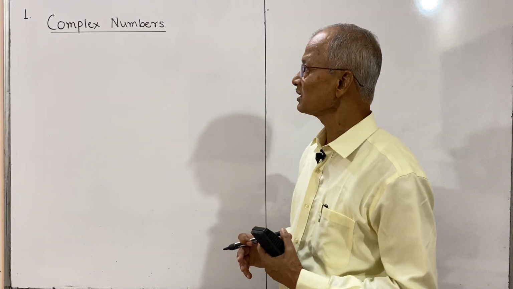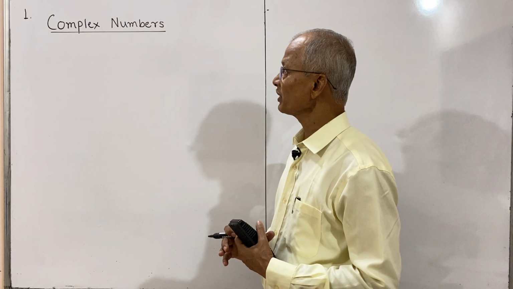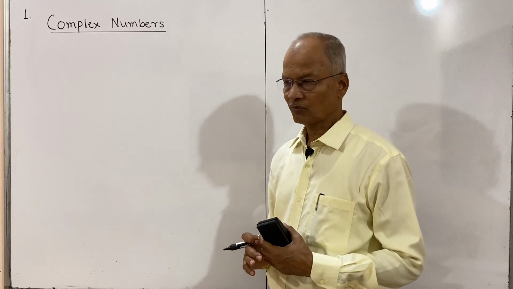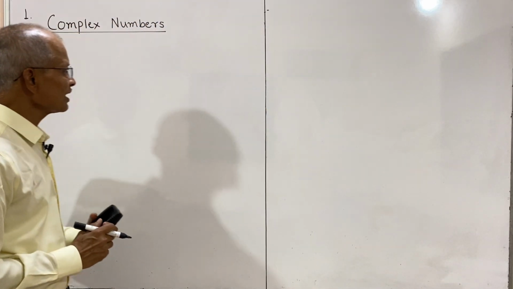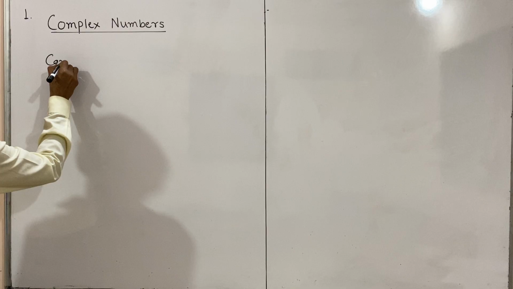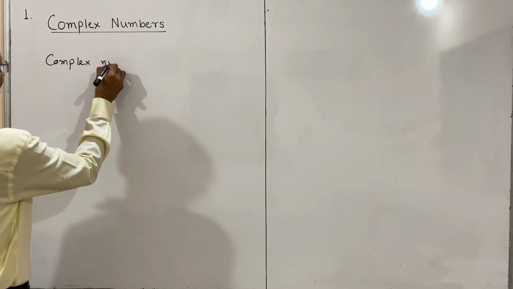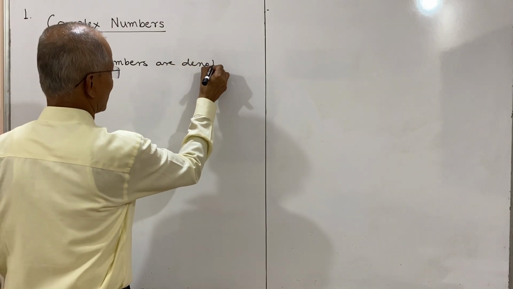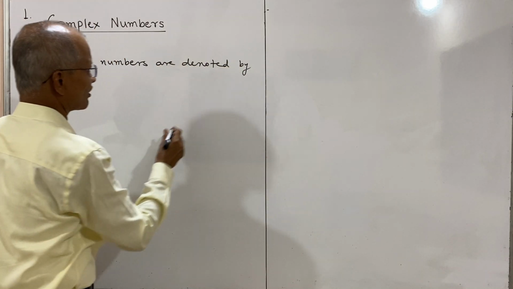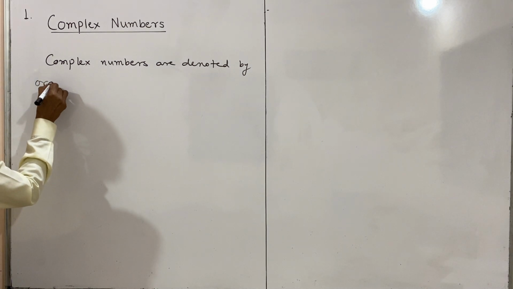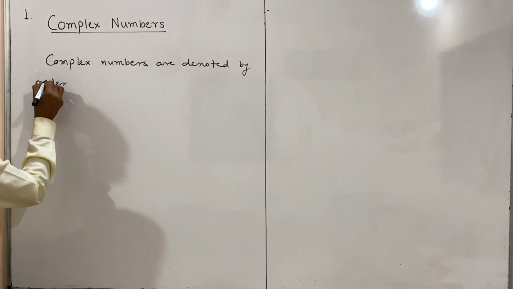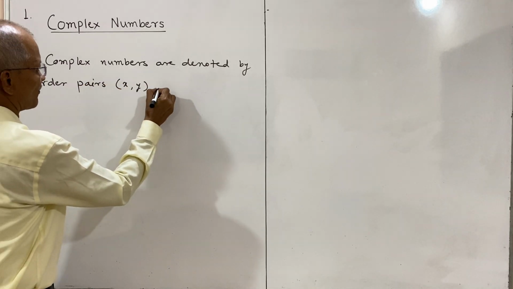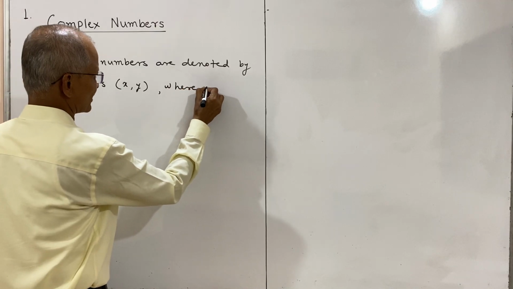In today's lecture, we shall study complex numbers, their definition, notation, and some algebraic properties. Complex numbers are denoted by ordered pairs x comma y, where x and y are real numbers.